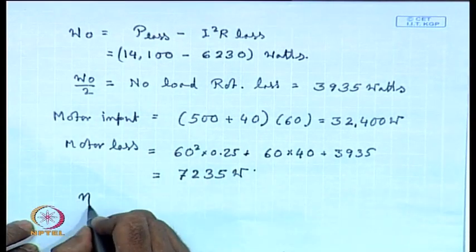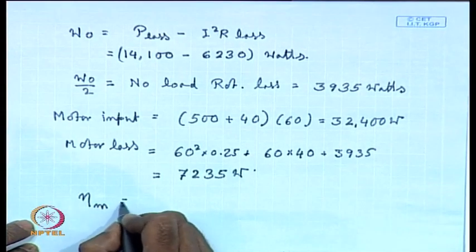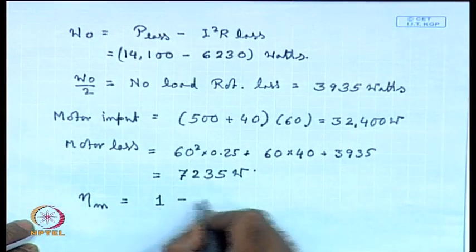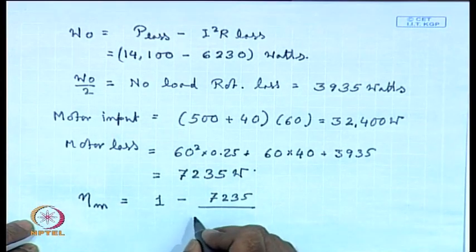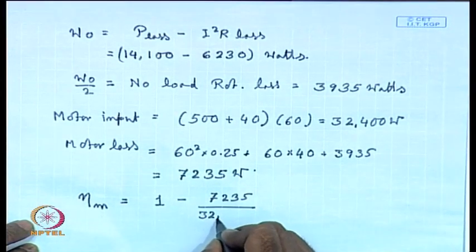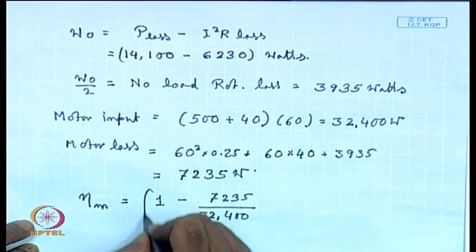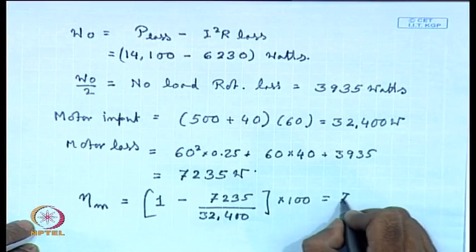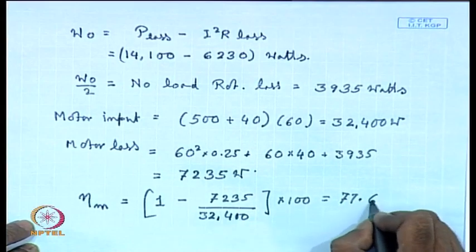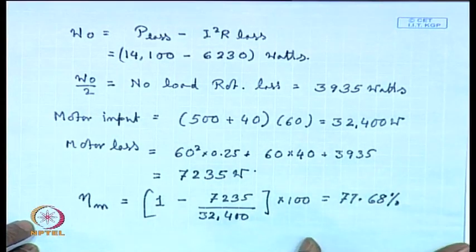So, motor efficiency nu m equal to 1 minus 7235 by 32,400 into 100, which comes to 77.68%.